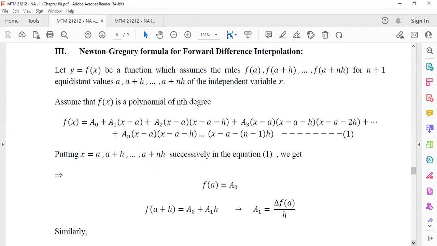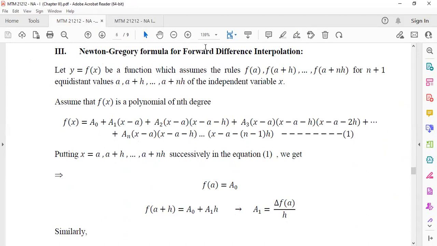It's called Newton, in this modification, Newton and Gregory. Two people have worked on it, so it is the Newton-Gregory formula. In the exam, if they ask you to solve using the Newton-Gregory formula, you have to use it. That also has two kinds.